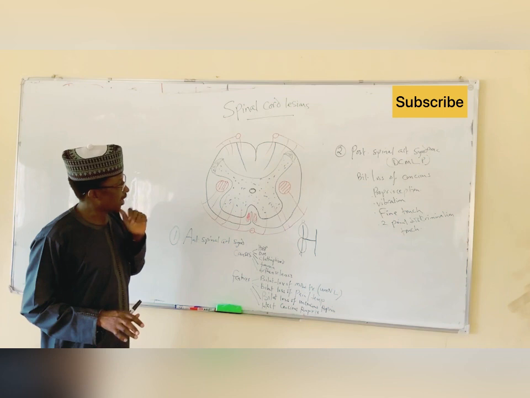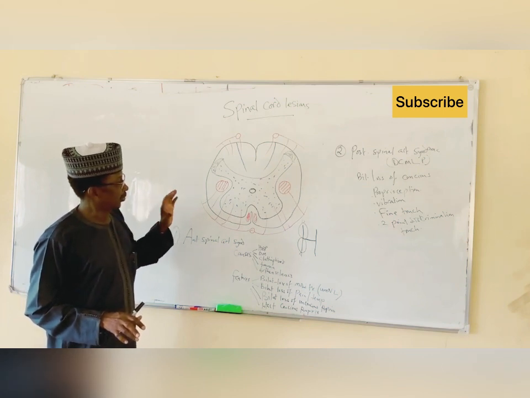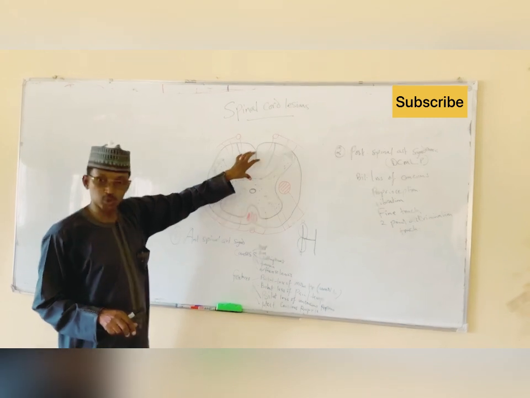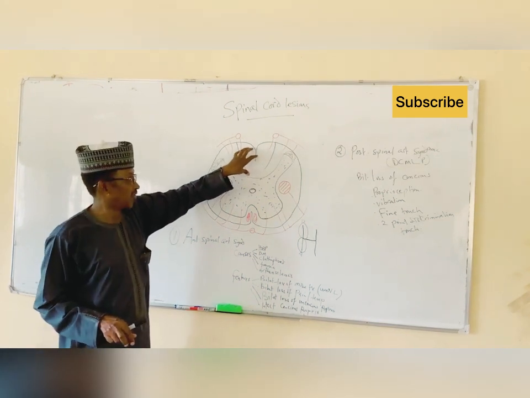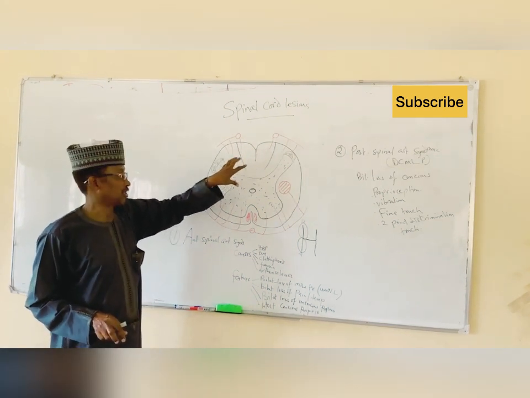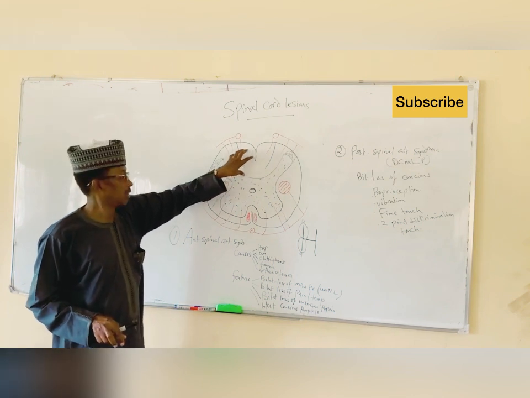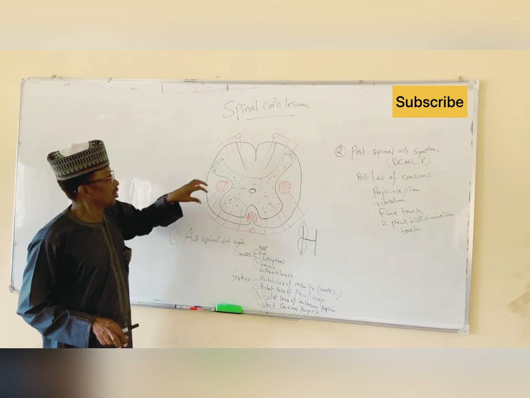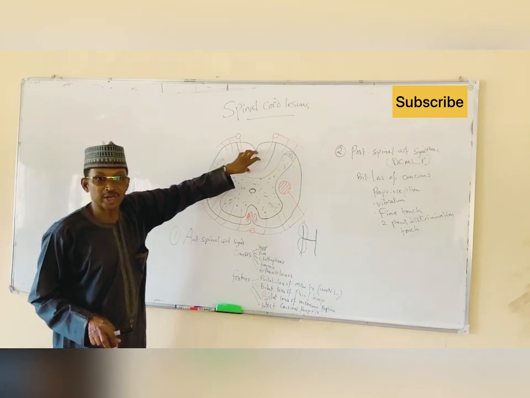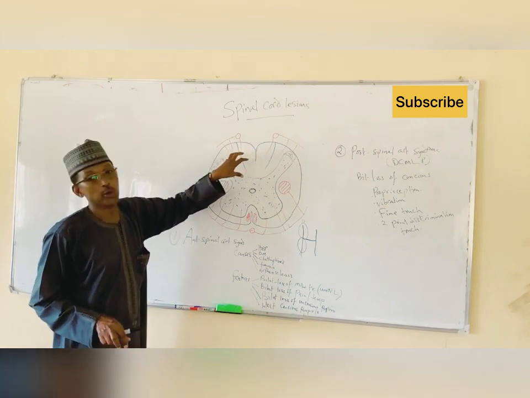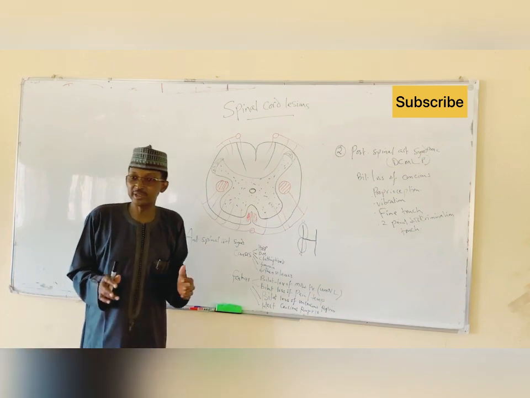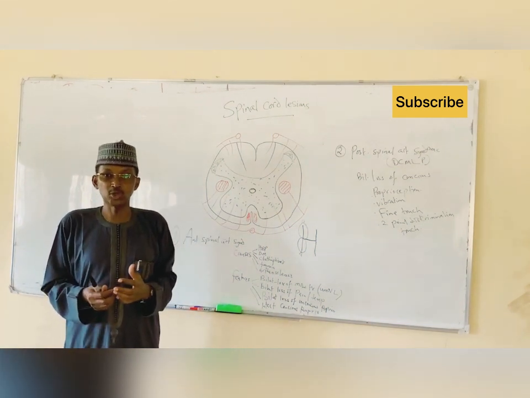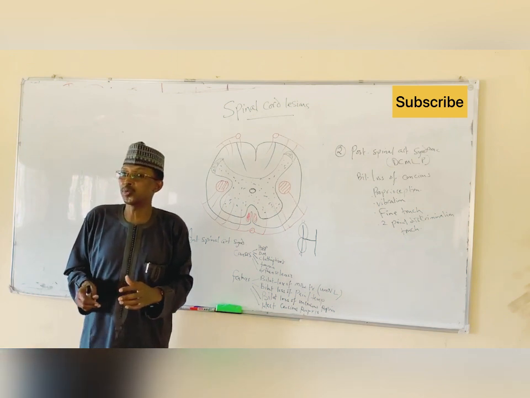So now, as I told you earlier, the white column is divided into three parts: dorsal column, lateral column, and anterior white column. In the posterior white column, you have the sensations to do with proprioception and vibration sense, what we call conscious proprioception.